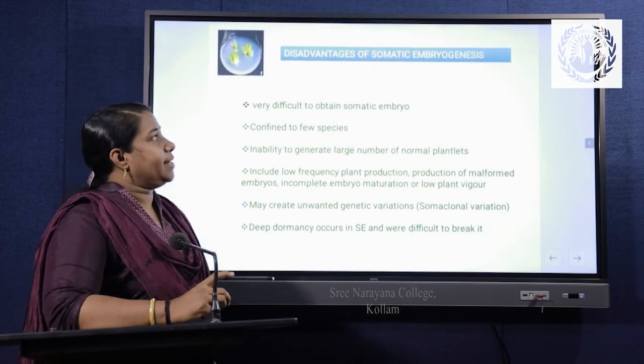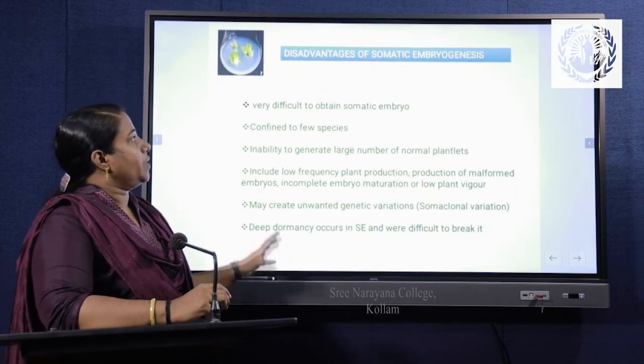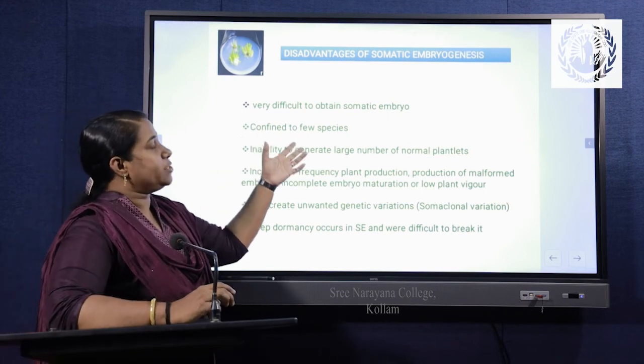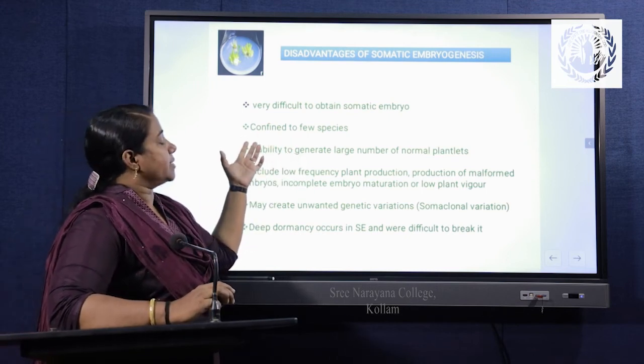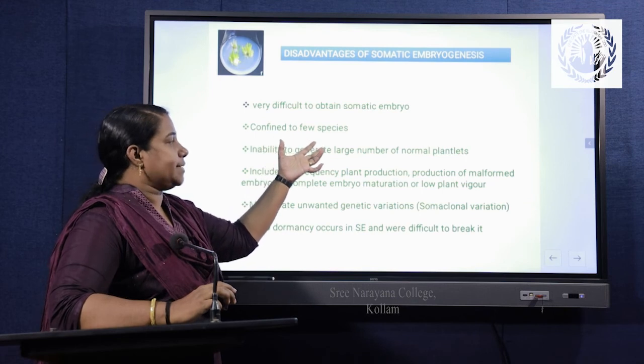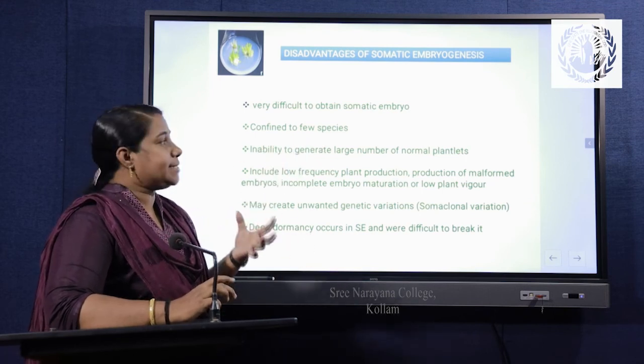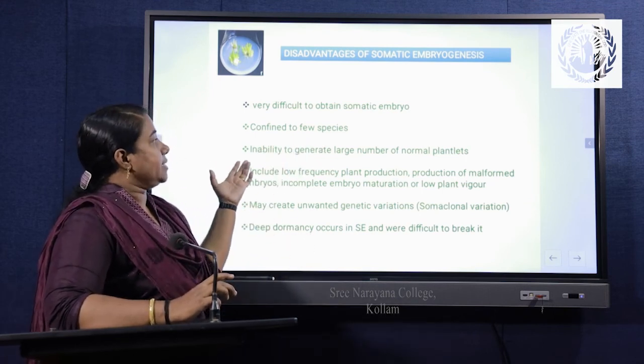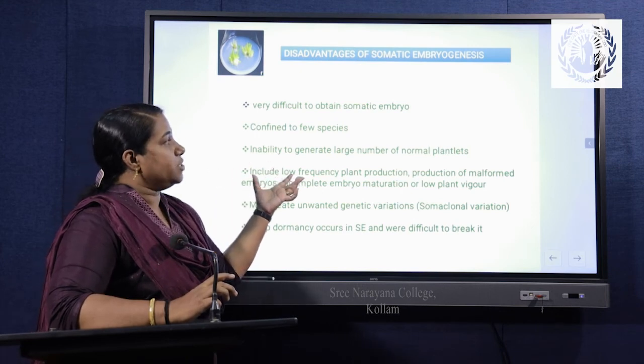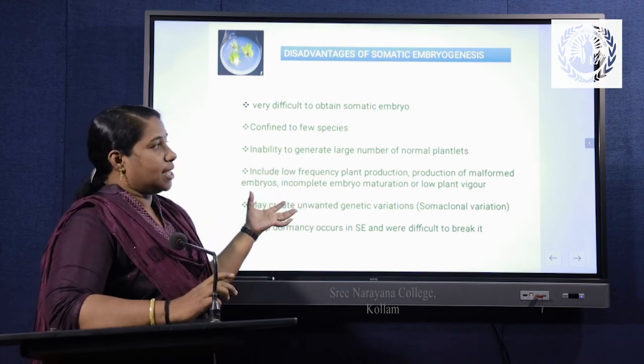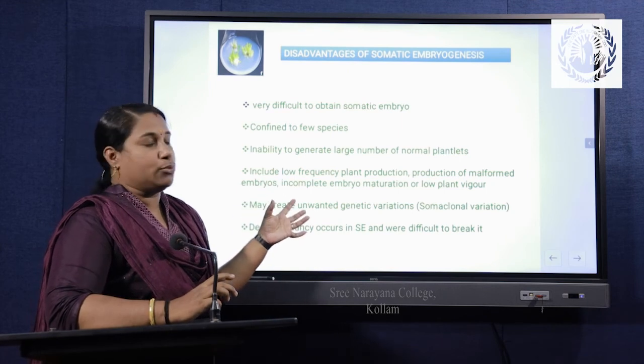Coming to the disadvantages of somatic embryogenesis, the first is that it is very difficult to obtain. Second, it is confined to a few species, that is, it is very species and explant specific. Then there is the inability to generate a large number of normal plantlets because there is a high chance of mutation.